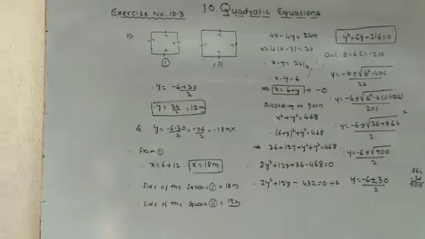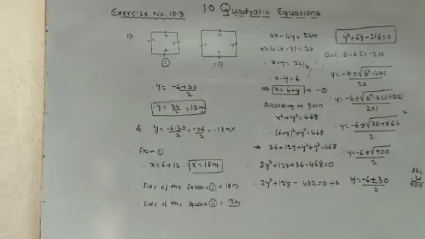Therefore, x minus y is equal to 6, which implies x is equal to 6 plus y meters. Okay?